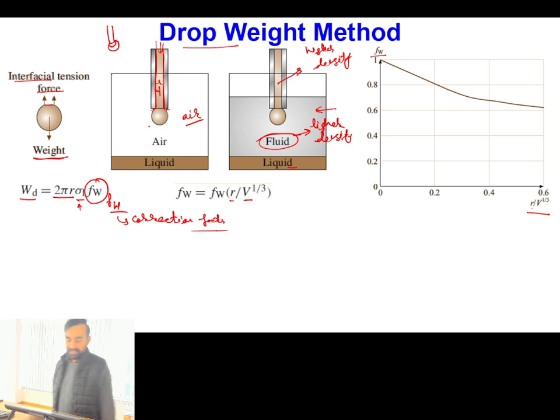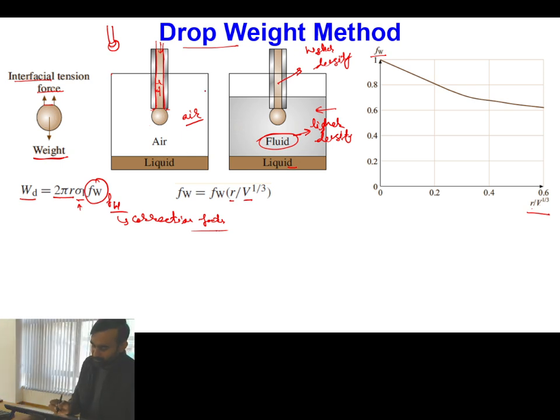So what is typically done is this platform is placed on the weight measurement system, and the weight is counted for, say, a number of drops which are leaving the needle. It can be counted for 10 drops or 50 drops, and accordingly WD divided by that number is actually used.